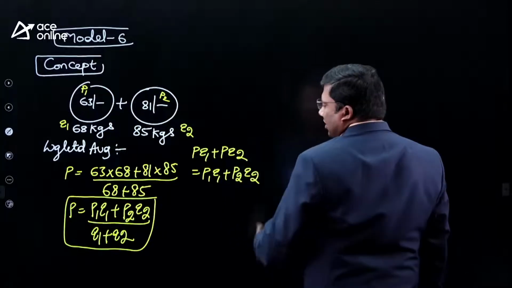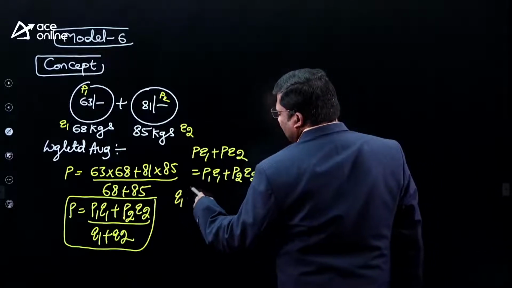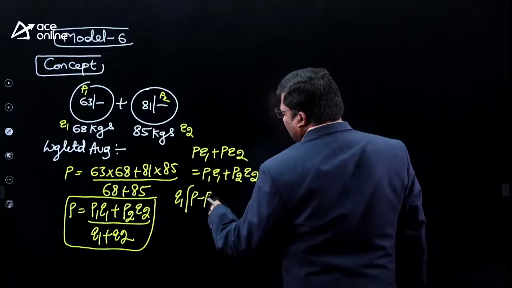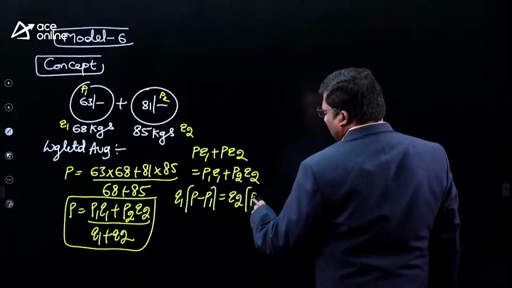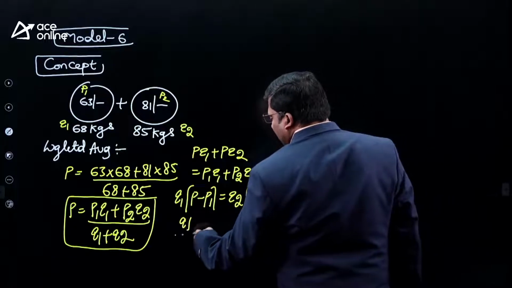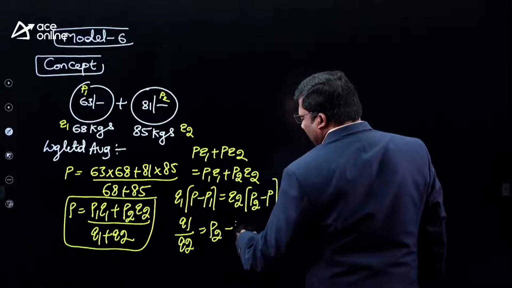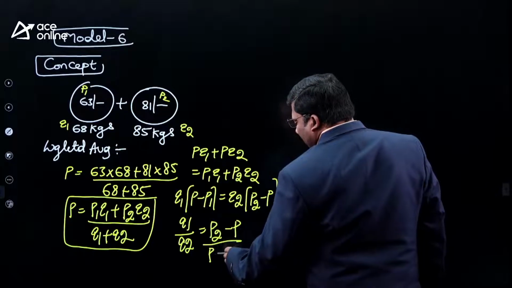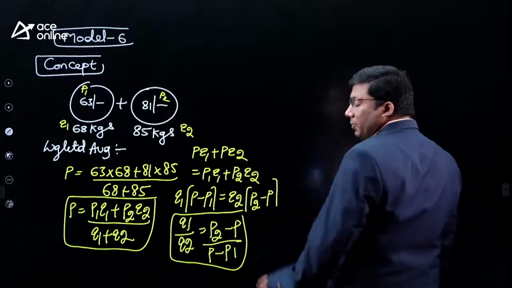Taking Q1 to the left-hand side, this will be P minus P1 equivalent to Q2 into P2 minus P. So Q1 by Q2 is equivalent to P2 minus P divided by P minus P1. I hope it is clear.